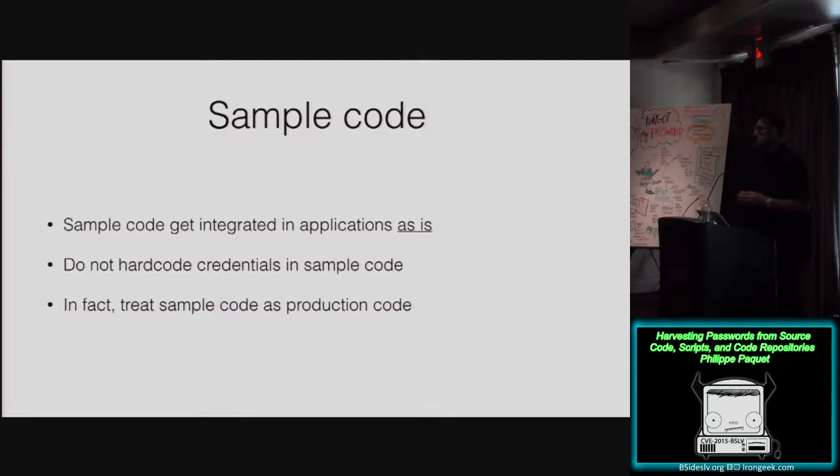I understand you want the sample code to be concise, so because you want sample code to be concise, you're going to be hardcoding credentials, which means that hardcoded credentials are going to end up in your application. It is your fault there. You need to do something about it. You should treat sample code as production code, because most of the time, your sample code is going to end up in production. They are going to copy the code, paste their credentials, and it worked, and they are not going to look back. And 6 months later, they are going to be breached because of that.